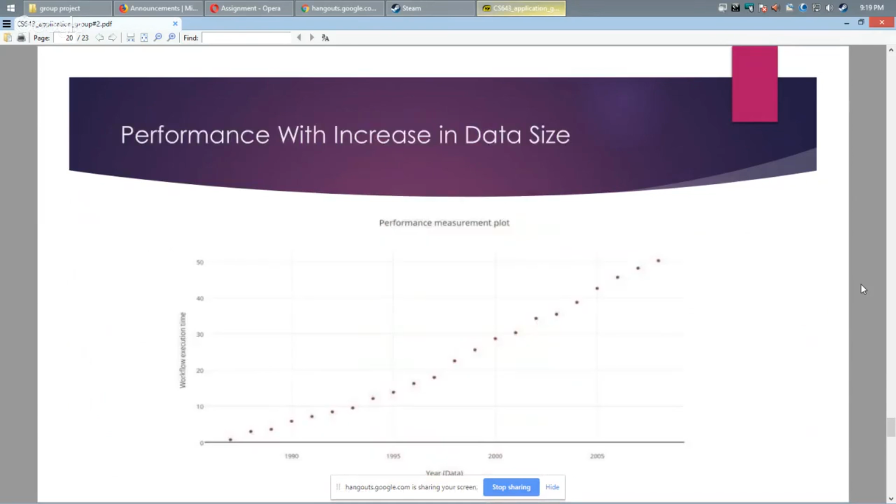One of the things we also looked at was what performance was like as the size of the data increased, right? So we started with just 1 year's worth of data, and you can see that the execution time was pretty low. And then as we added each subsequent year of data, the execution time started to climb.